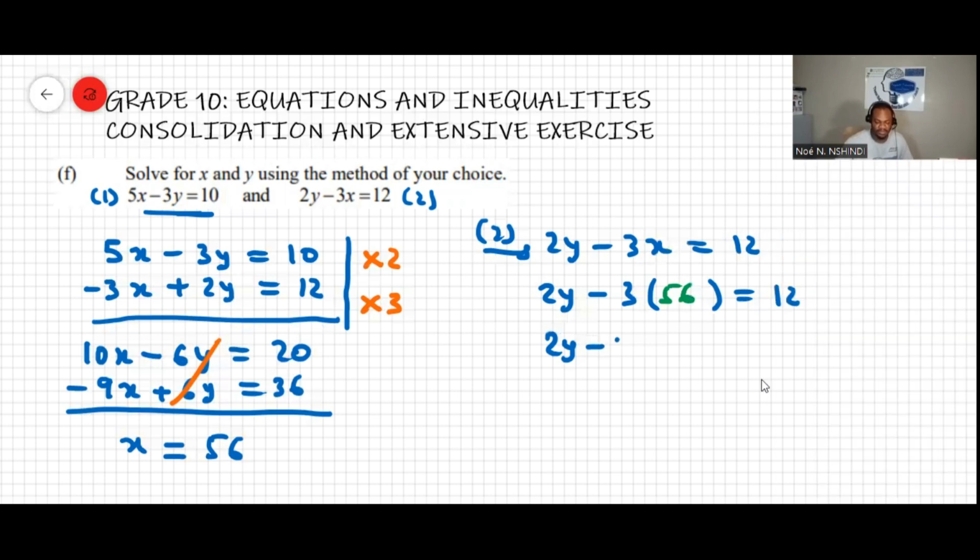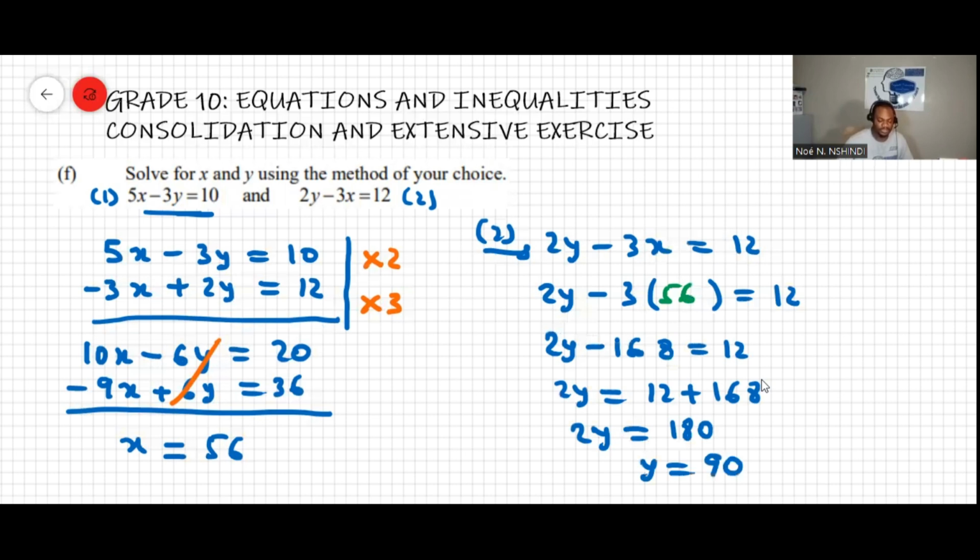So that makes 2y minus 168 equal 12. If I move the 168, 12 plus 168 is equal to 180, and then that means y equal to 90. So the solution is x equal to 56 and y equal to 90. Thank you.